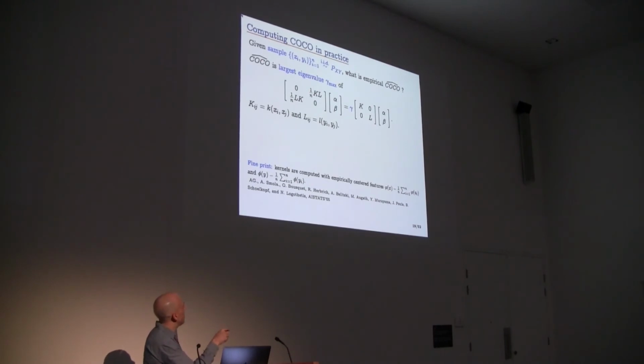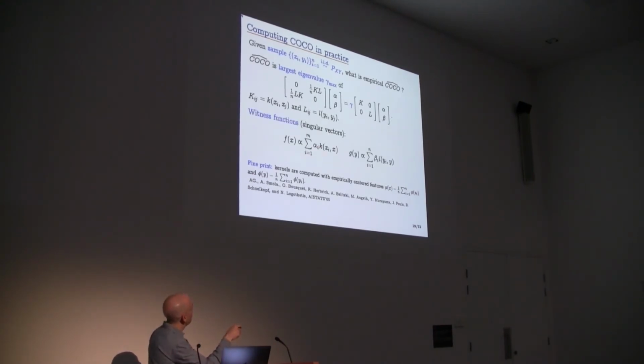So this is a generalized eigenvalue problem, where this eigenvalue here is our estimate of the constraint covariance, and then the witness functions are just the sums of the kernels of the x's with weights given by the eigenvectors, up to a constant of proportionality. So, just as before, even though I'm finding functions of infinitely many features, when I compute them on the basis of samples, I can just write these in terms of the dot products of the features, so the kernels between my sample and the point at which I evaluate my function. So this is very convenient.